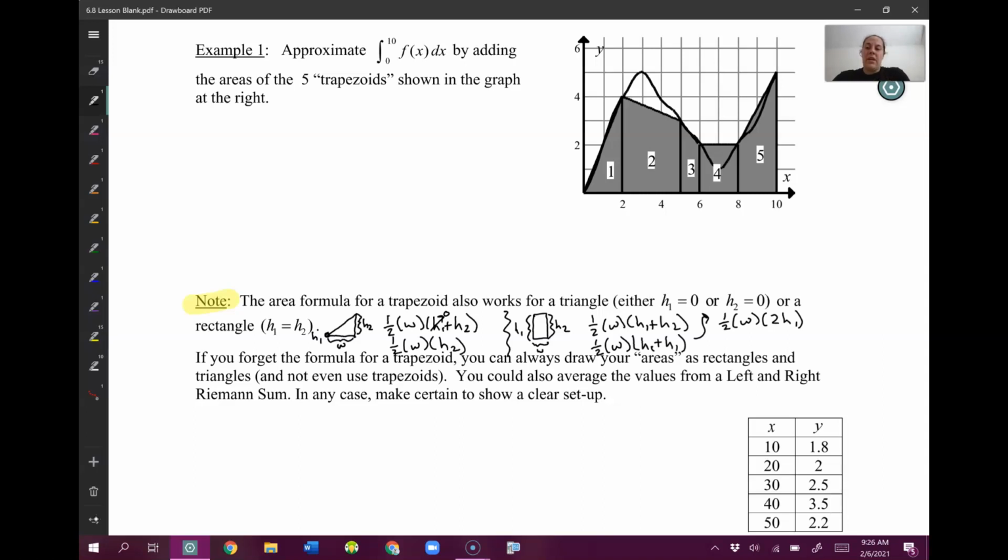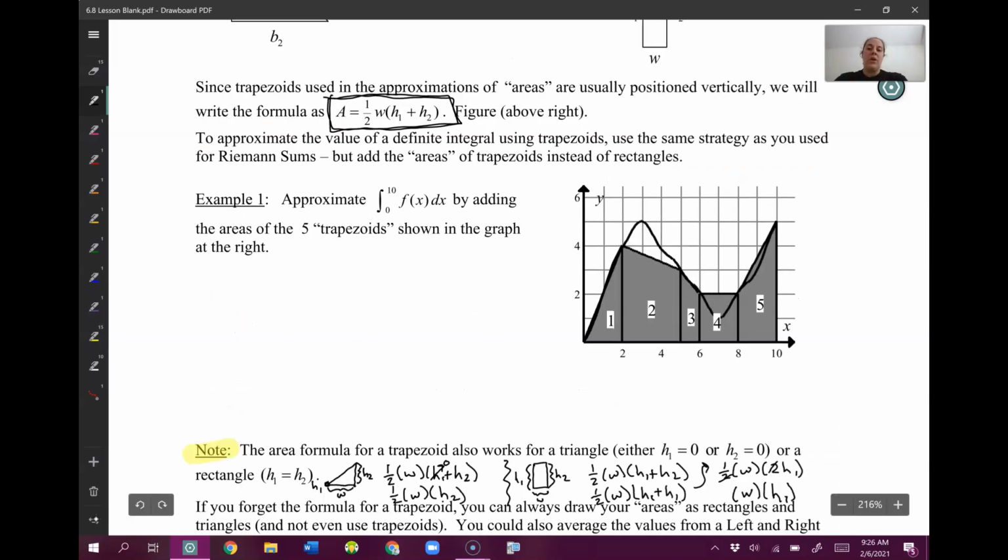And now you'll see this 2 and this 1/2 are canceling each other. So we get width times height. There's your area of a rectangle. So this trapezoid equation works with trapezoids, triangles, and rectangles. So we can still use it even though not all of these look exactly like trapezoid shapes.